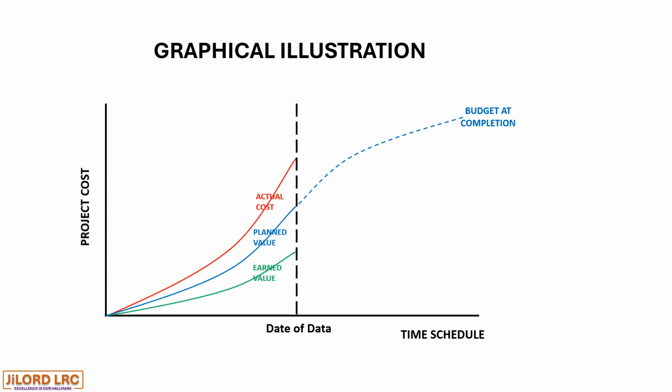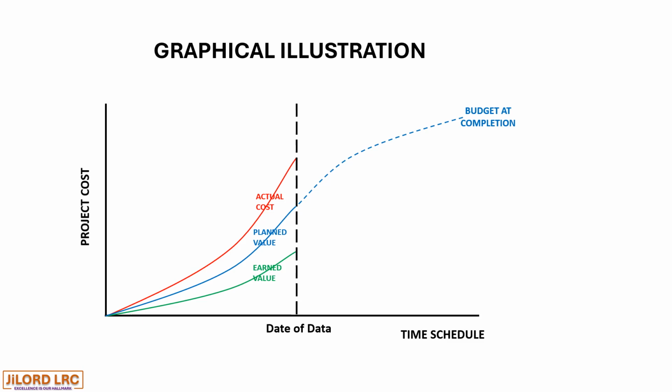And then we can determine the value earned at that same 50% duration. So if the project is a 12-month duration project, at 6 months, we can look at these values.